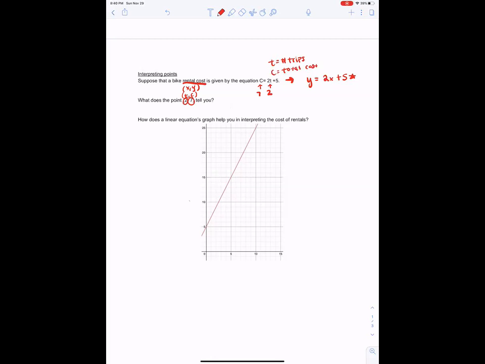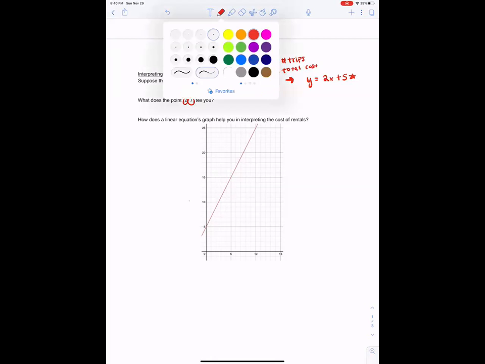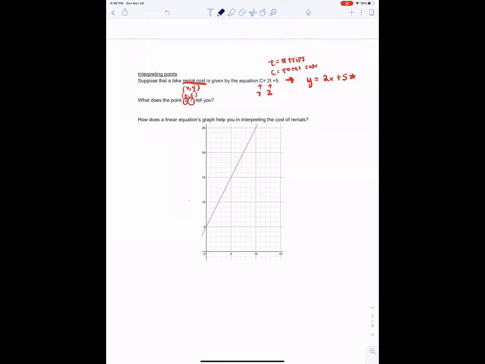So next, what do you imagine this point right here would mean? (10, 25). And just for the purpose of labeling this graph, the x-axis and the y-axis, I just said that the y is cost based on these two. So cost. And then I said that x was the number of trips.